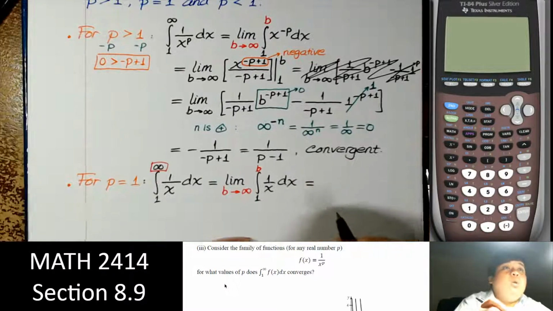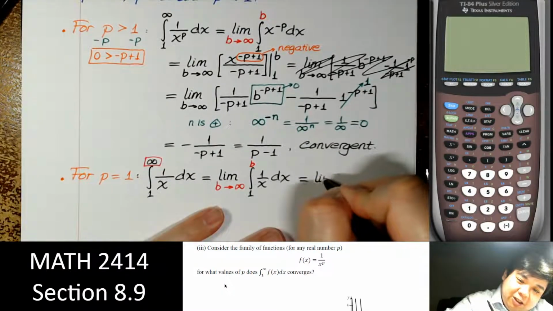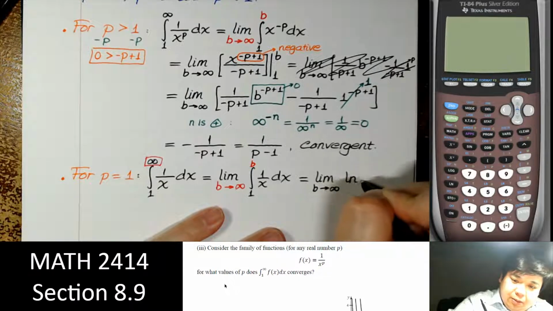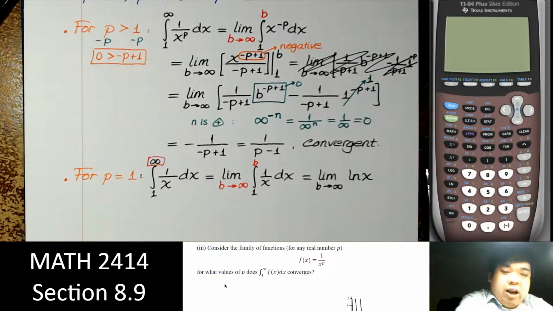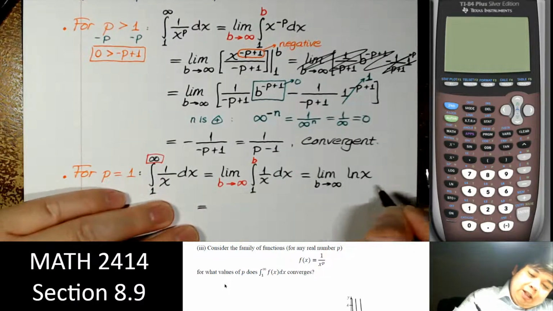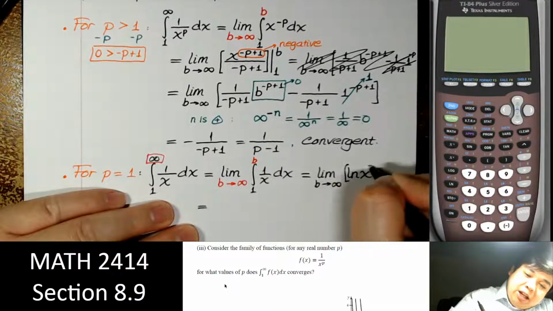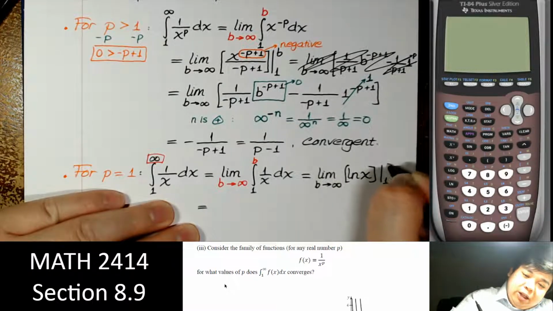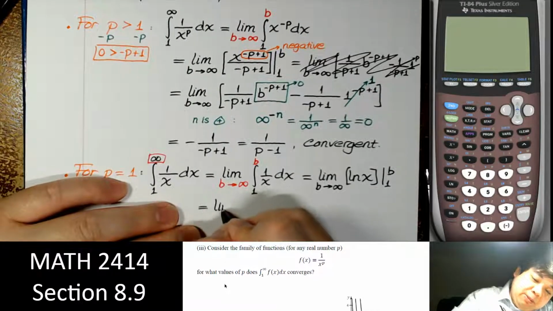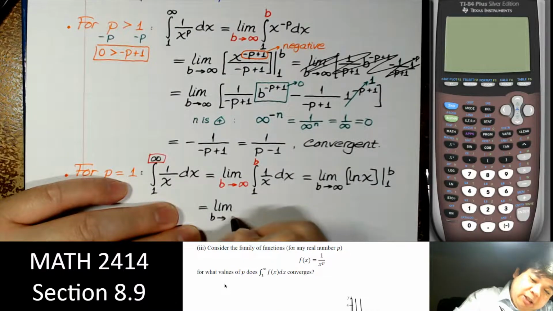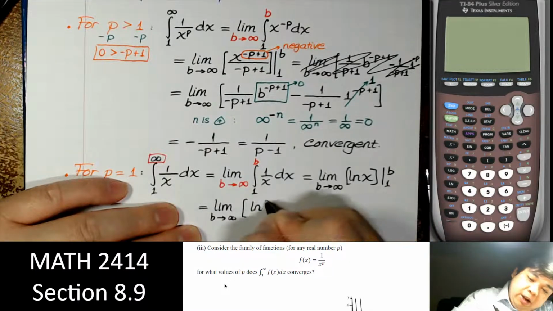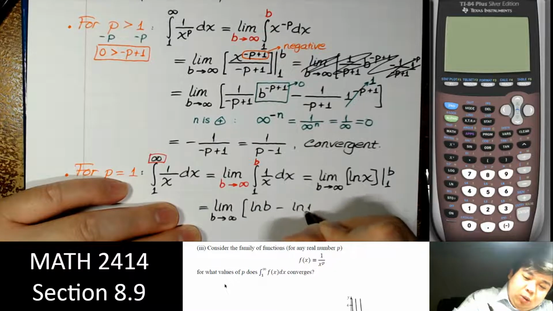The integral of 1 over x is ln of x. Don't forget there's a limit from 1 to b. Then we put b in and put 1 in, and then we take the limit.